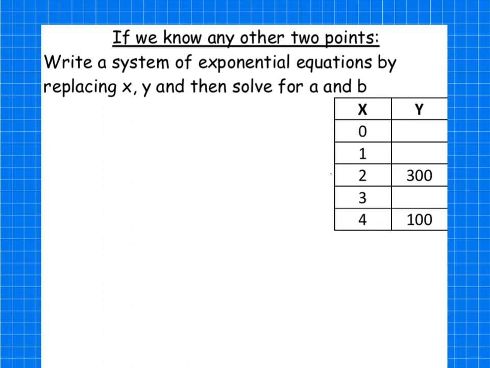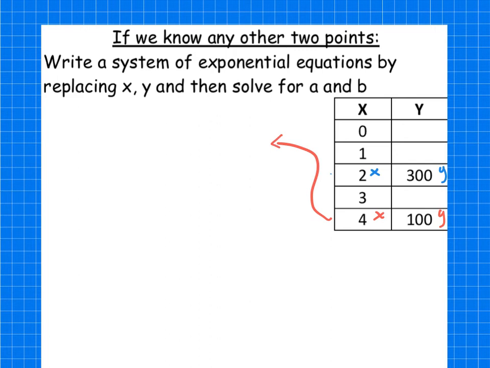But since this is exponential, we're not going to add our equations, we're going to divide them. So we're going to use these as x and y for one of them and x and y for the other one. So what we're solving for is not x and y, but a and b. I'm going to put the bigger x on the top.